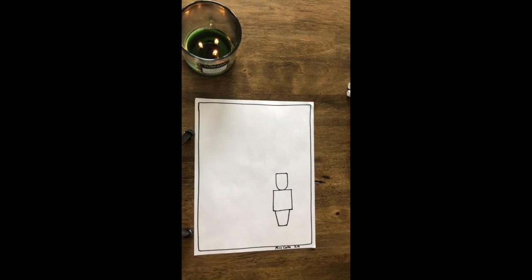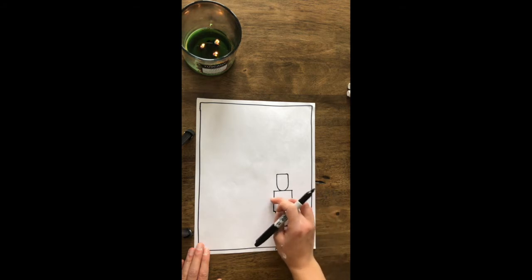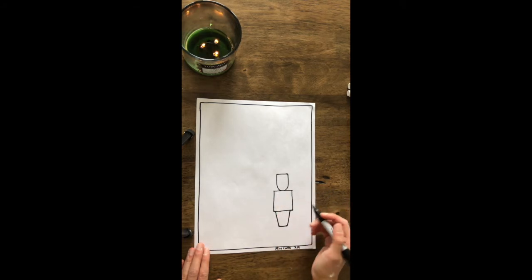Okay, the next thing that we are going to do is we are going to create the arms of our explorer. Now these are gonna be different. So one arm is going to look a little different than the one on the right, the left one is. So watch me first.